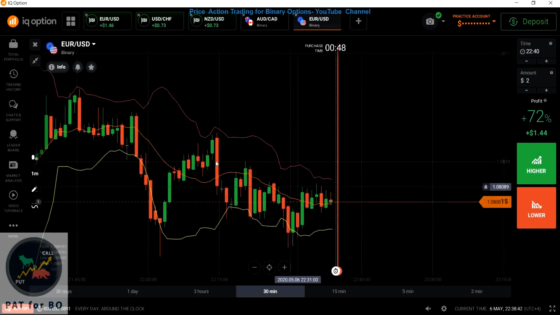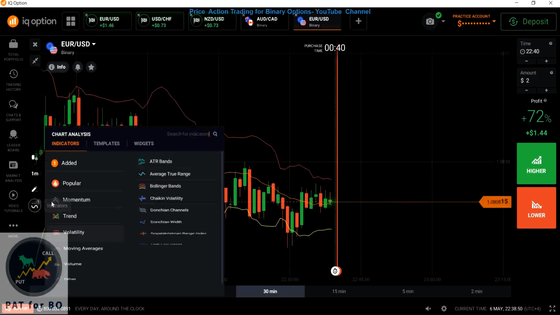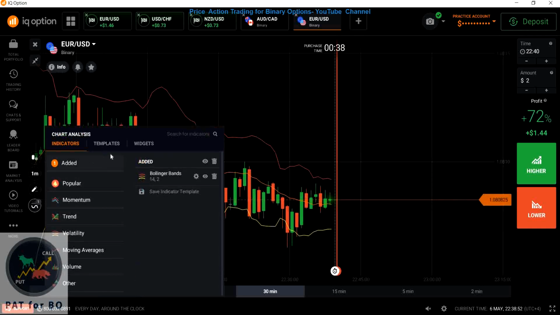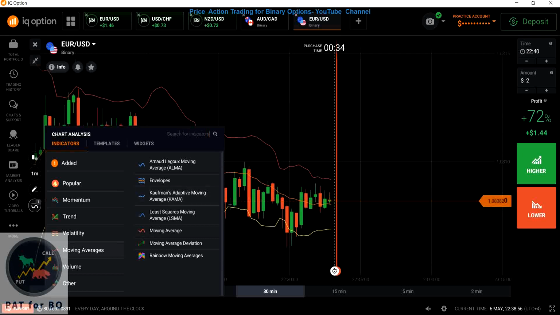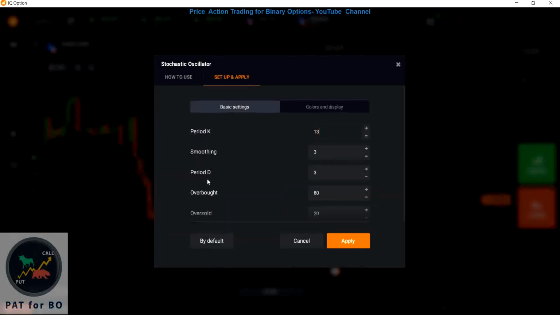Try to understand the movement, the total volatility, which is connected to momentum as well. I would also prefer you take the stochastic oscillator with the default setting.